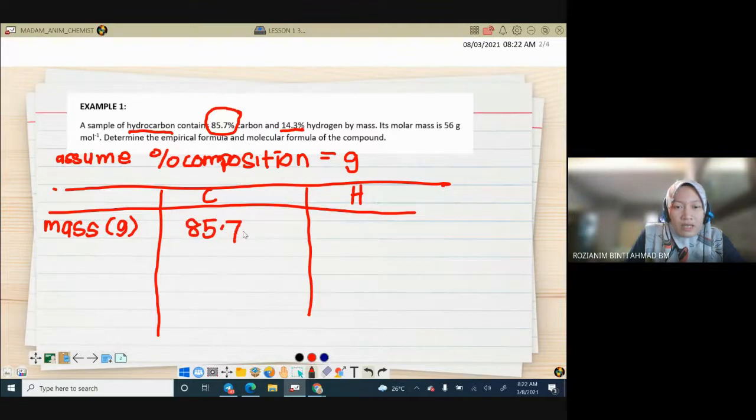So bila kita dah assume percent itu adalah unit gram, sebab tu saya label sini unit dia gram. Carbon 85.7. Okay, and then for the hydrogen 14.3%. Okay, kita recall balik je masa SPM punya konsep.